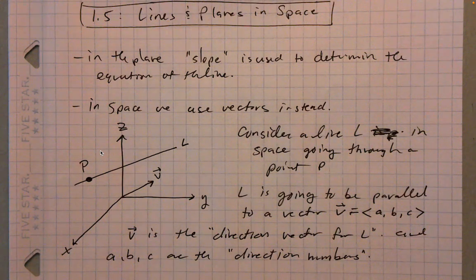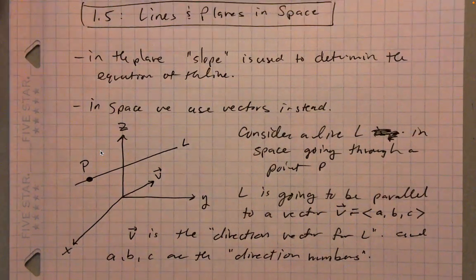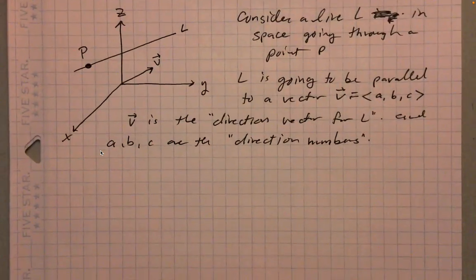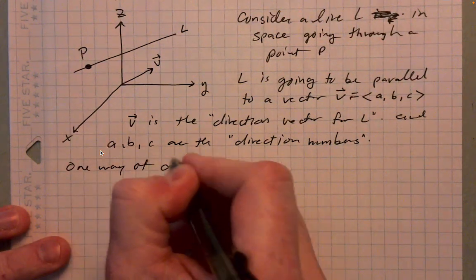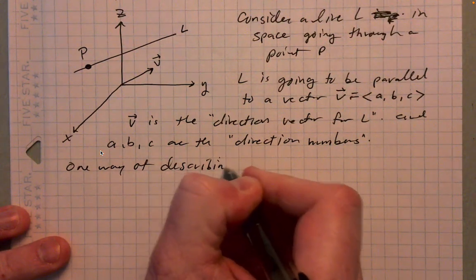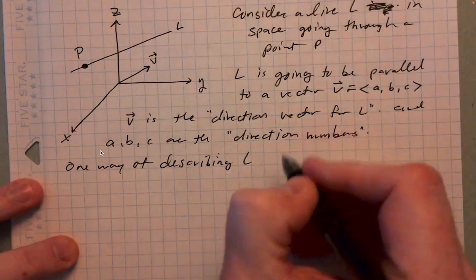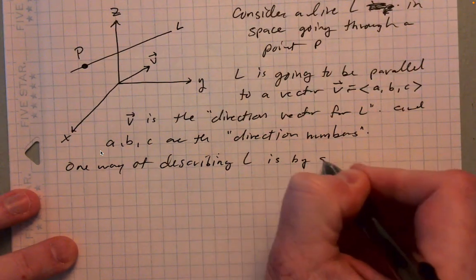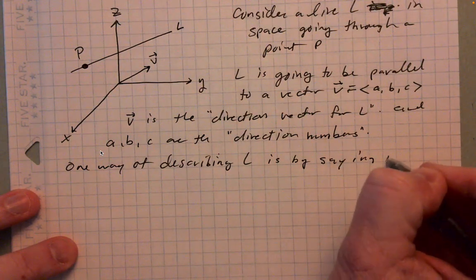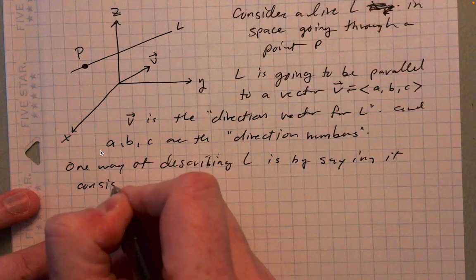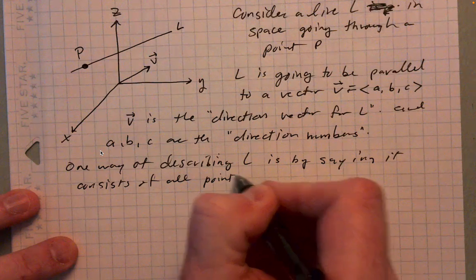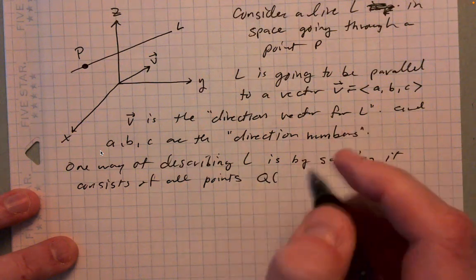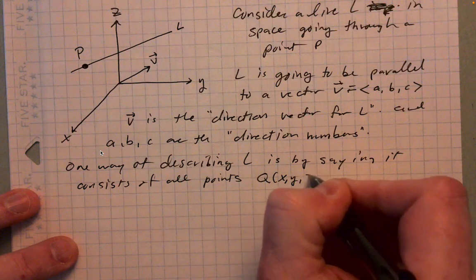Now let's talk more about this line L. One way of describing L would be by saying it consists of all points Q, where Q is going to be x, y, z points in space.